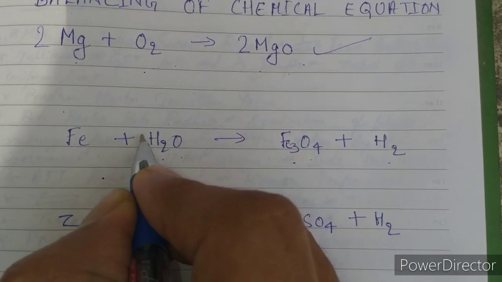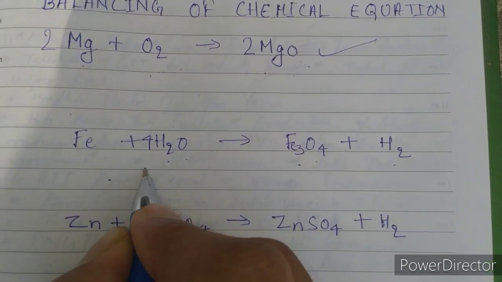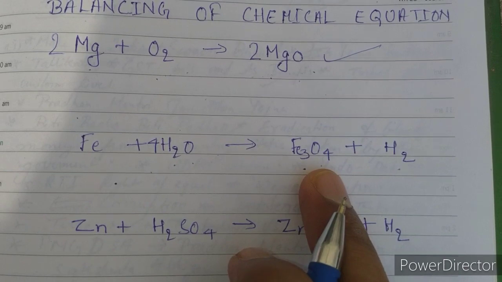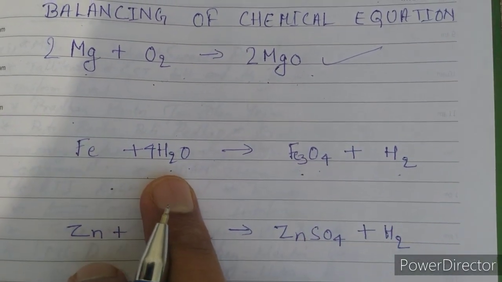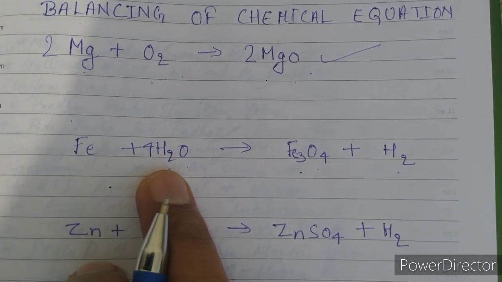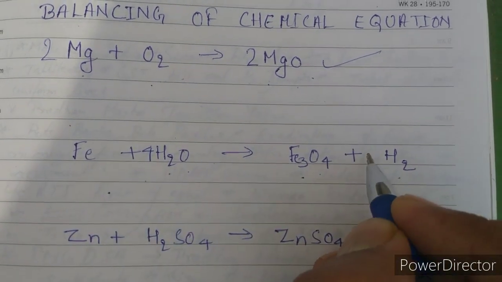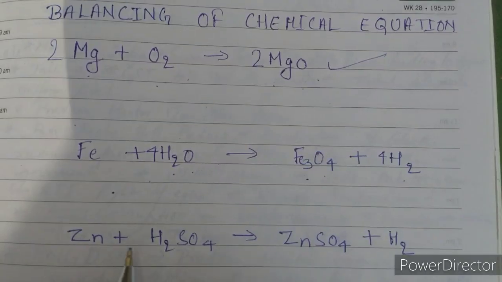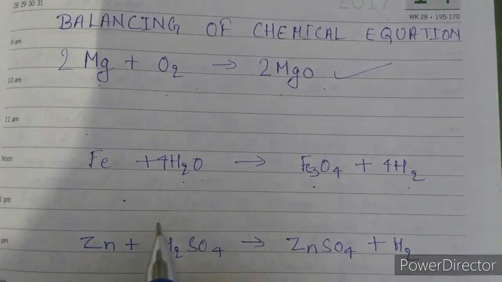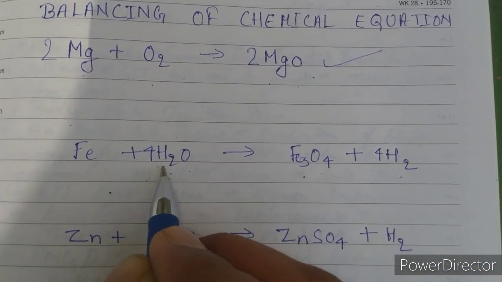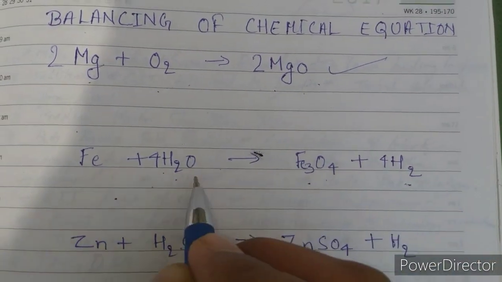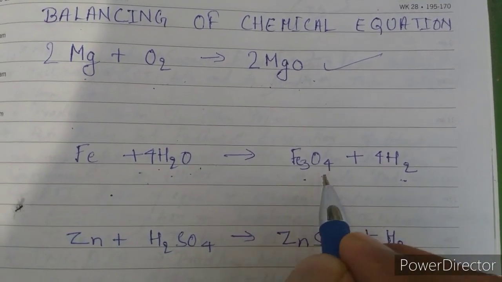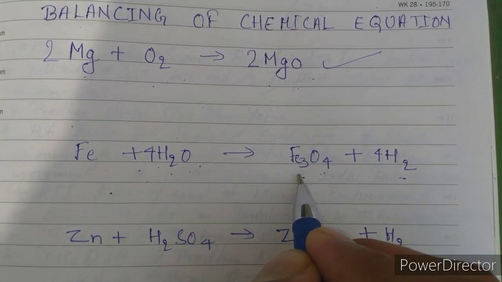If I write 4 here, oxygen is balanced now, and hydrogen becomes 8, since 4 into 2 is 8. So I need to put 4 here as well to balance the hydrogen. Now you can see there are 8 hydrogen, 4 oxygen, and iron is still 3.